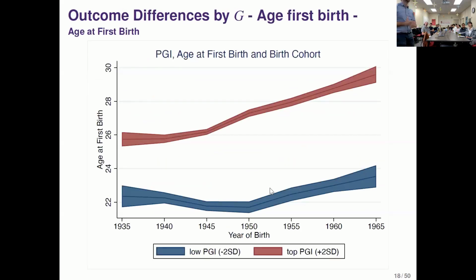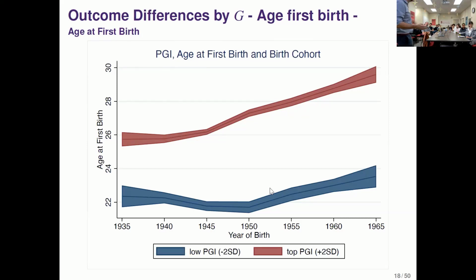Okay, but now we go back to our descriptive statistics, and we try to see what the behavior is of different genetic groups. Here we take the individuals with a PGI two standard deviations out: the top 5% PGI and the bottom 5% PGI.